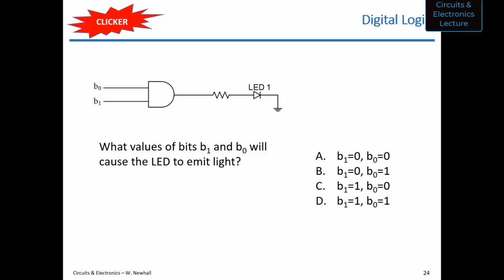On the input side of the AND gate on the left, you have 2 bits, B0 and B1. Those are 2 logical values. And you have a resistor and LED. What values of bits B1 and B2 will cause the LED to emit light? Just take a few seconds and answer that.